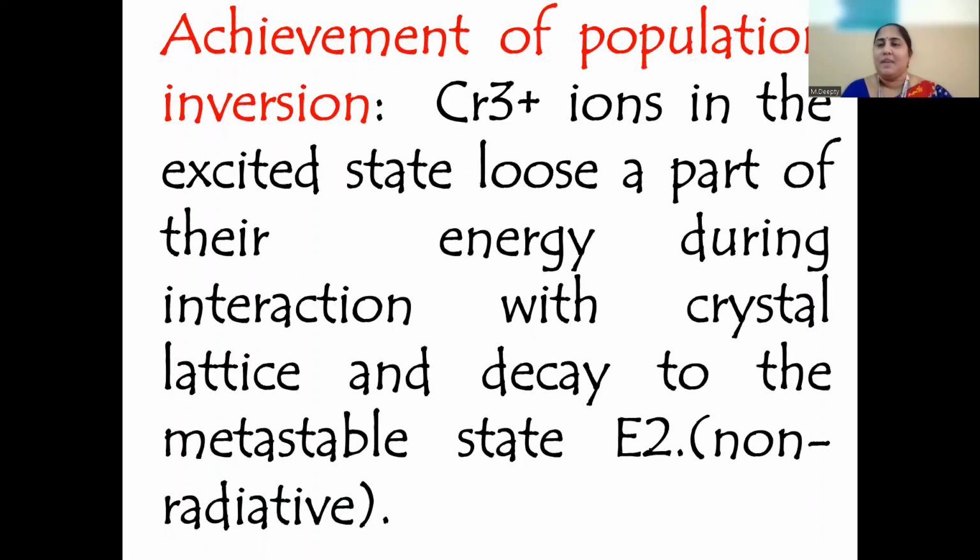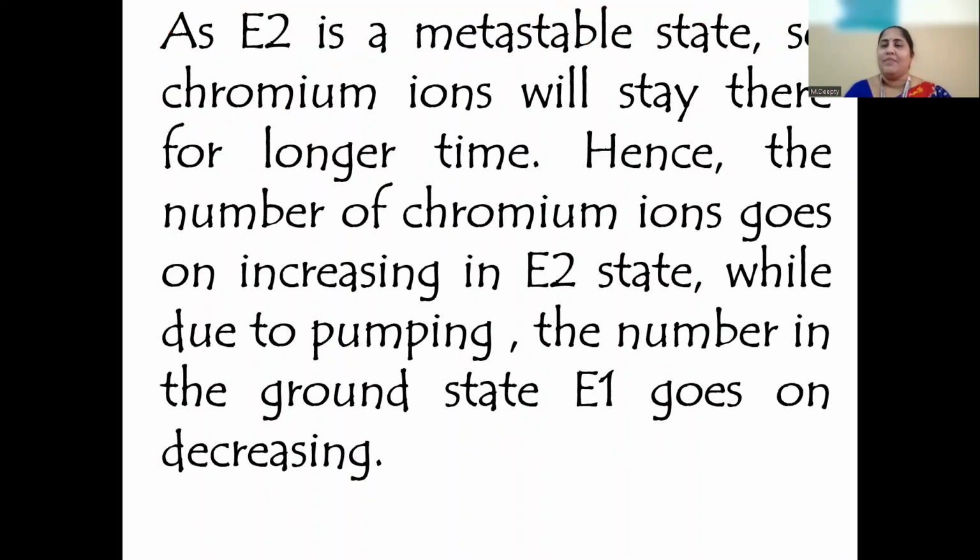At this metastable state, the chromium atoms lose part of their energy, because they interact with the crystal and decay to the metastable state. At the metastable state, the lifetime of E2 is 10 power minus 6 seconds, as it is more when compared to the higher excited states.